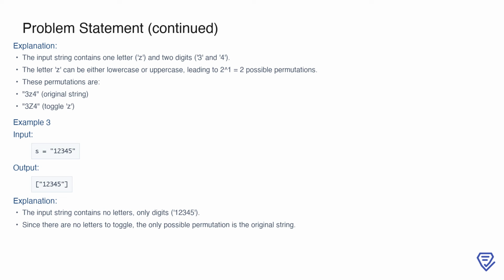Since there are no alphabetic characters to toggle, the only possible permutation is the input string itself, which is 12345. This illustrates that the number of permutations depends entirely on the number of letters in the string. Digits are unaffected and do not contribute to the permutations. By toggling alphabetic characters, we explore all combinations of their uppercase and lowercase forms, while non-alphabetic characters remain fixed.